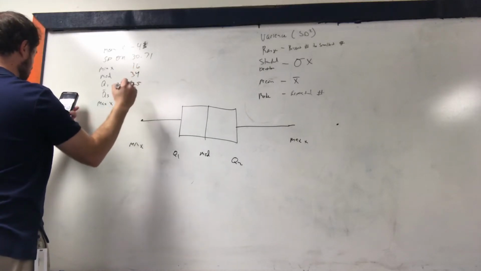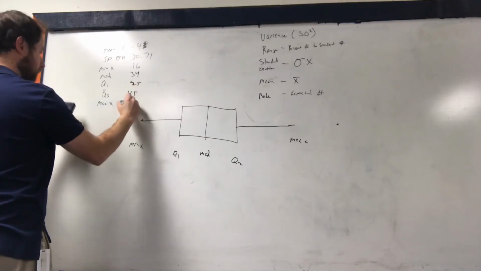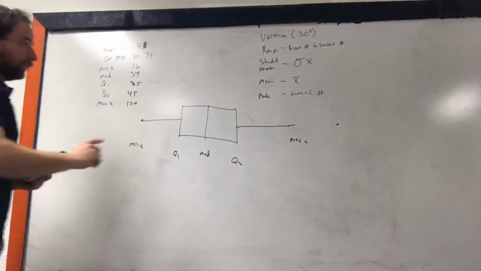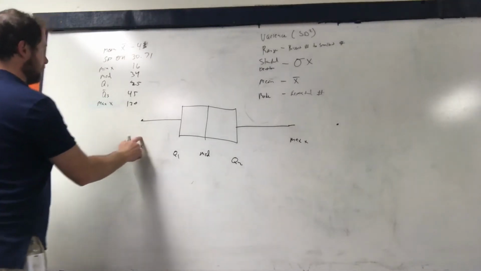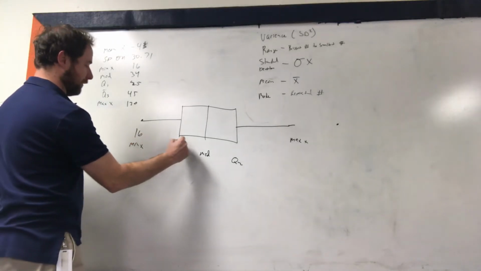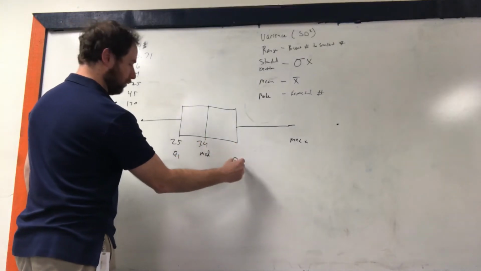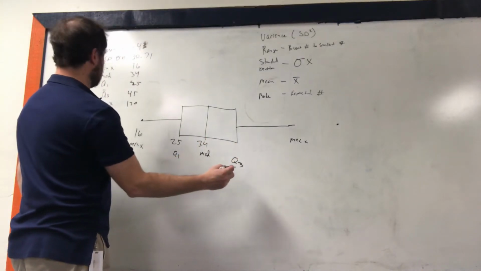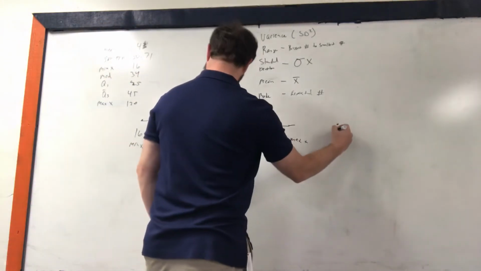And these are literally given to you in the calculator. Our max x is 120. So these are all the numbers we should need here. Our min x is 16, Q1 is 25, median is 34, our Q3, not Q2, Q3 is 45, and then our max x is 120.